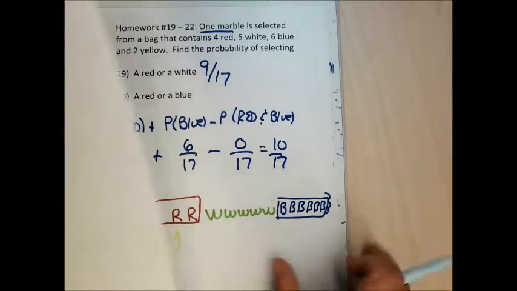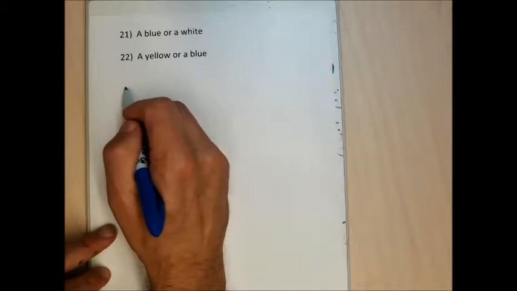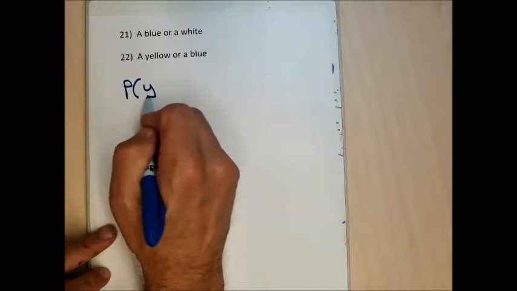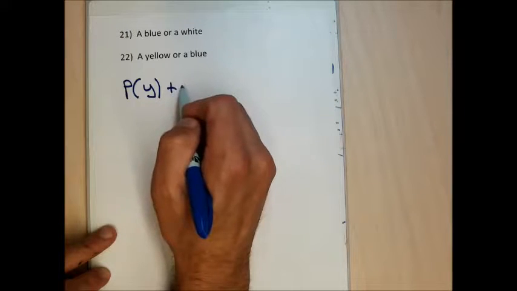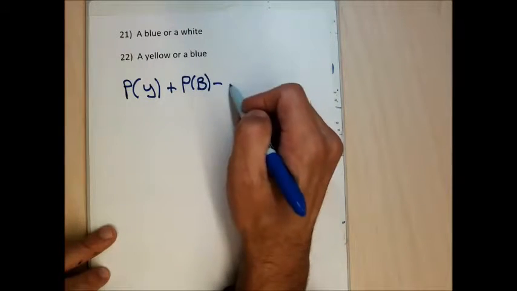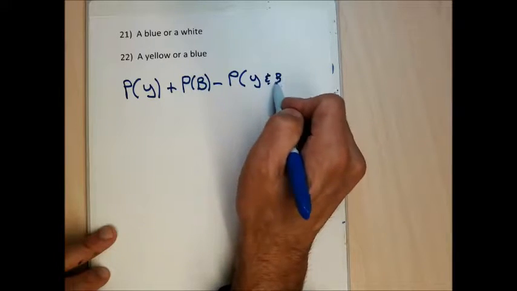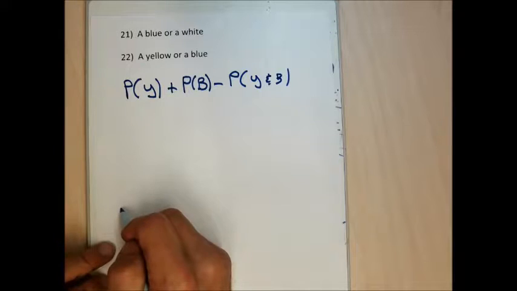Let me worry about 22. So 22 is a probability of getting a yellow or a blue, which is a probability of getting a yellow plus the probability of getting a blue less the probability of getting a yellow and blue. Let me just write down my sample space again.